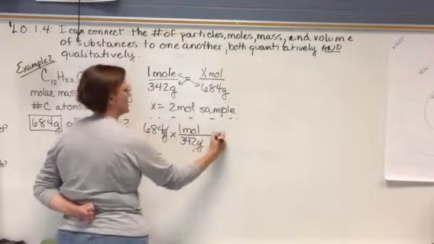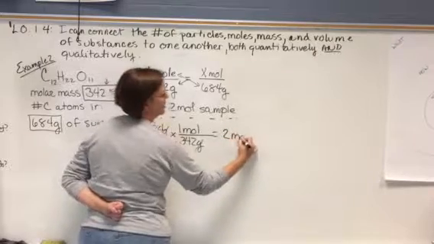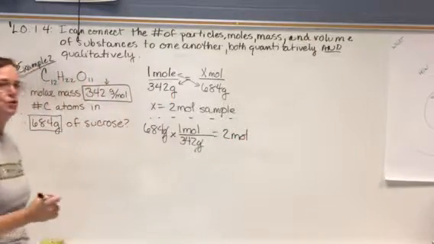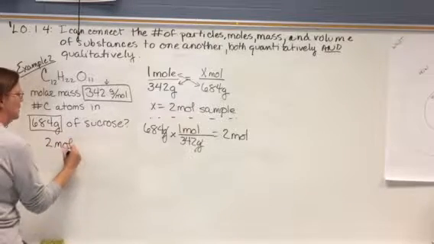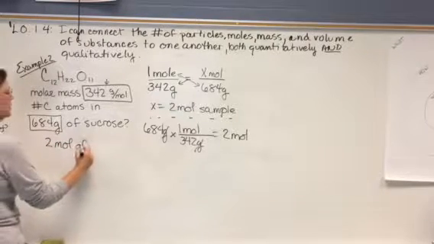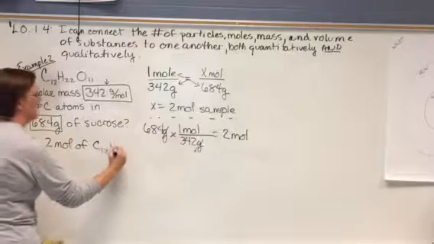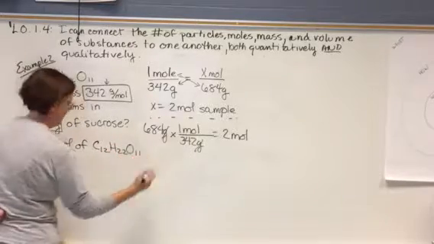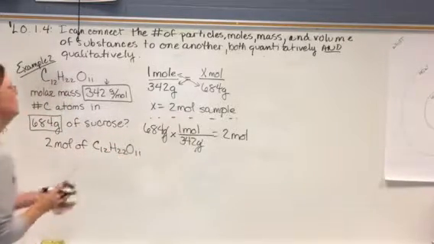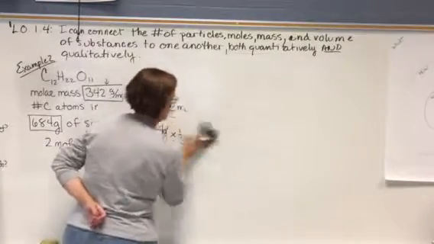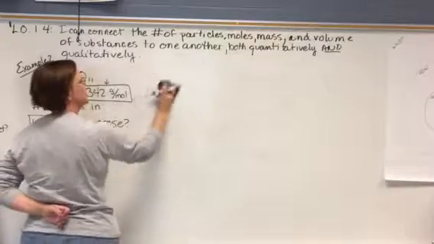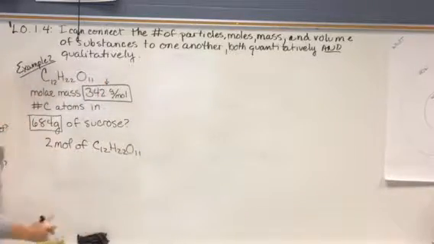My grams cancel, and I'm left with the knowledge that I have a 2 mole sample. So we have 2 moles of sucrose, C12H22O11. Okay? Now, we need to go between moles of this sucrose and atoms of the carbon.